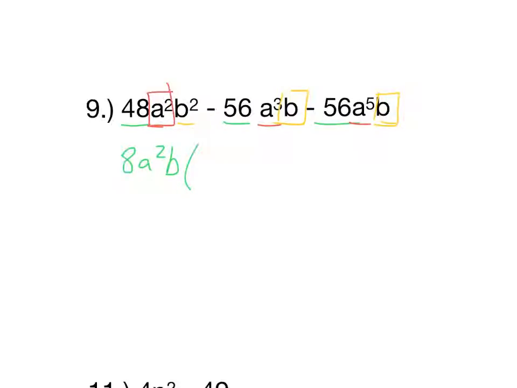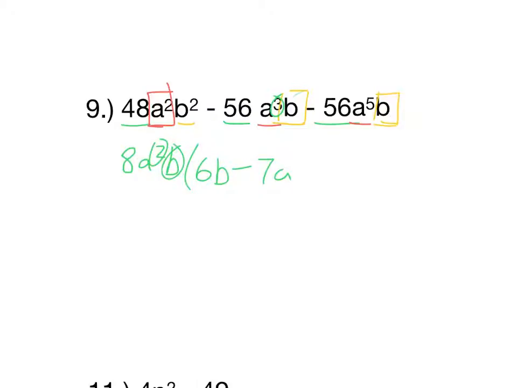Now, if you divide 48 by 8, you get 6. Then a squared divided by a squared, the a's will cancel out. B squared divided by b, you take 1b out of b squared, you're left with just 1b. That's going to be minus 56 divided by 8, it's going to be 7. You take 2 a's out of 3 a's, you're left with just 1a.